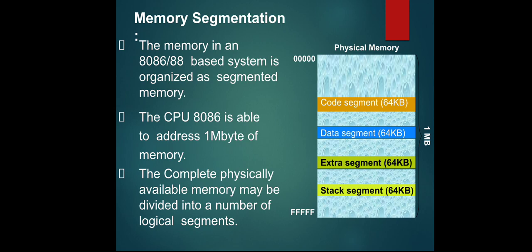As I told you in the physical address calculation, the user address needs to be converted into a physical address, and the user address is 16 bits in length because of this segmentation. All the segments have the same capacity of 64 kilobytes. To access that 64 kilobytes, the user has to write an address of 16 bits in length. 2 power 16 gives you 64 kilobytes. Hope you understand this point.